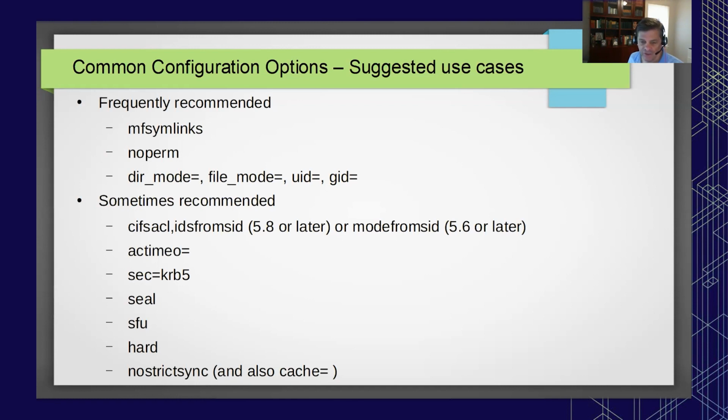Many servers like Azure have highly reliable backend storage, so there's no need to pass the sync calls across the wire to Azure because they're already highly reliable. So you can improve performance somewhat with the nostrictsync mount option. These are examples of mount options that you really should pay attention to and understand, to see if they map to your workload.